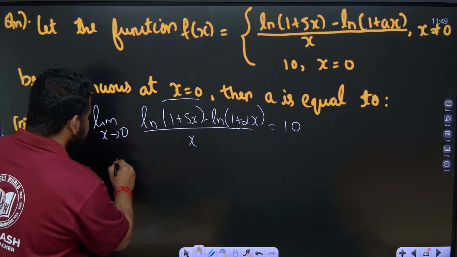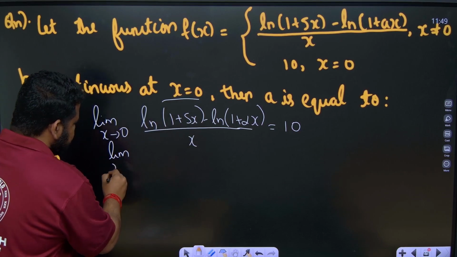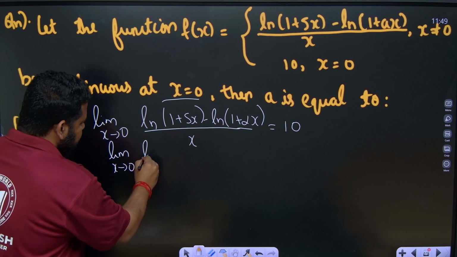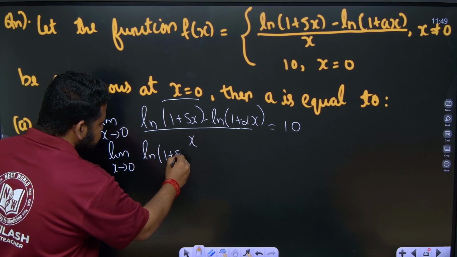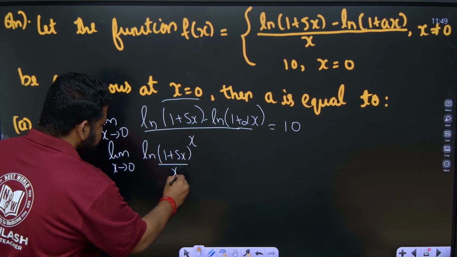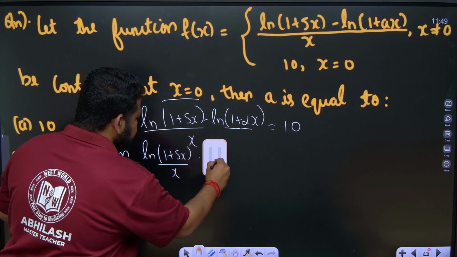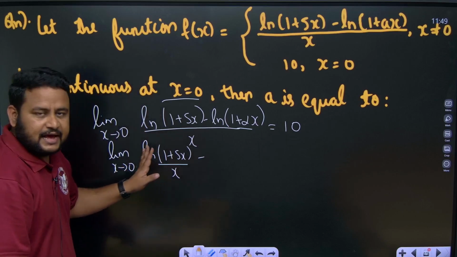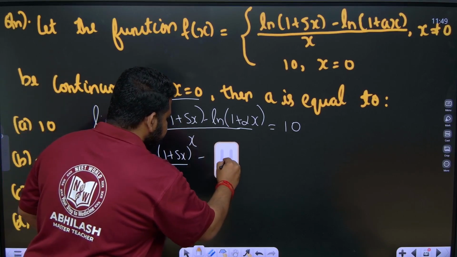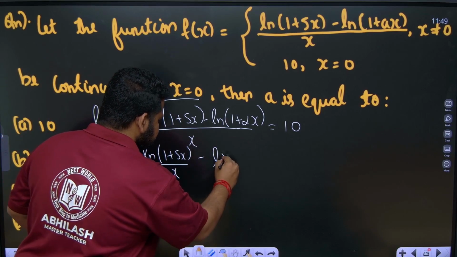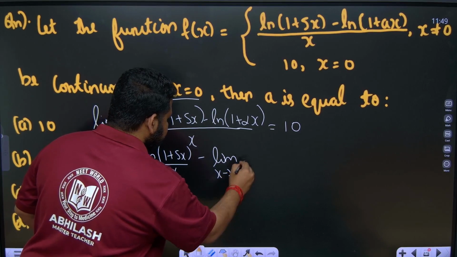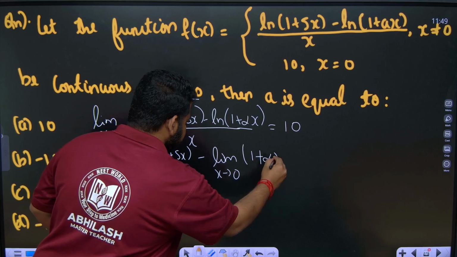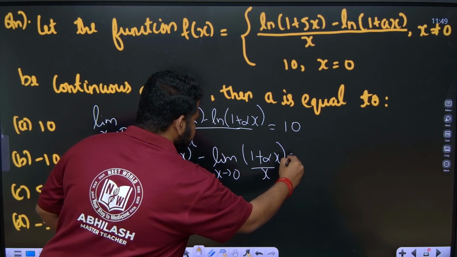So this will become limit as x tends to 0 of ln of 1 plus 5x by x, minus limit as x tends to 0 of ln of 1 plus alpha x by x, equal to 10.